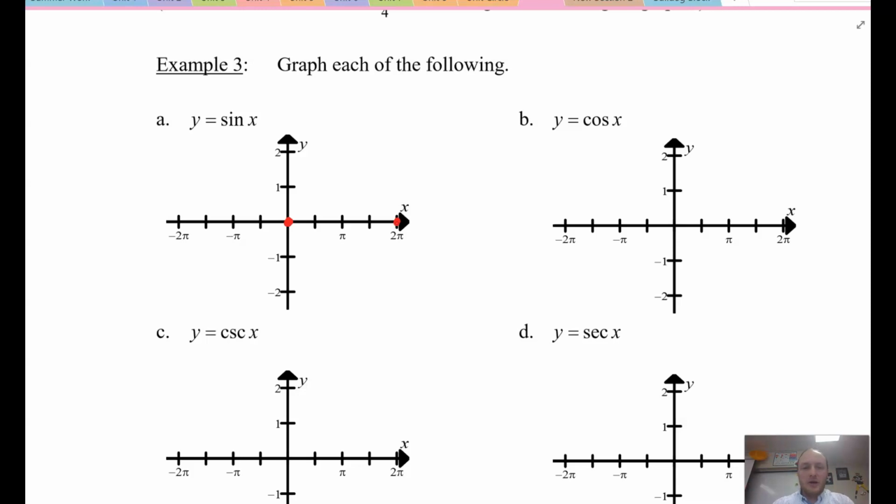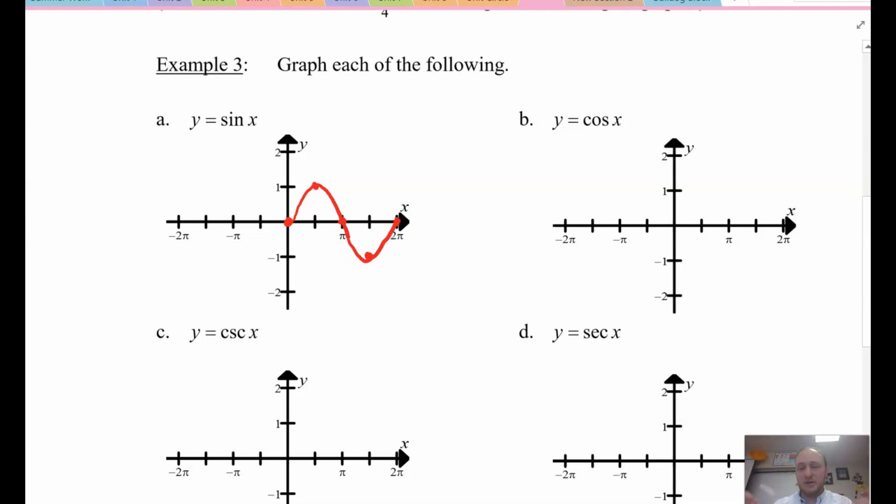Also, the graph is divided into fourths. So I'll split this into fourths, and my function will have another intercept at pi, and it increases, so from here it goes up, and then down to its minimum. So this is sine of x.